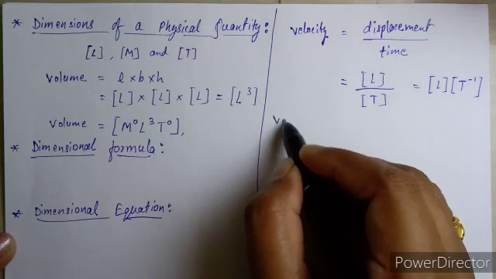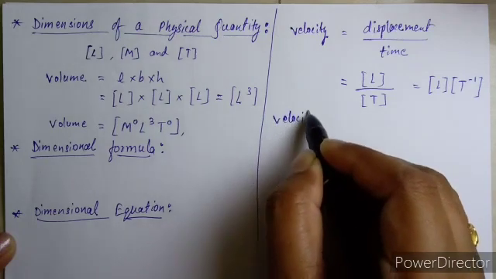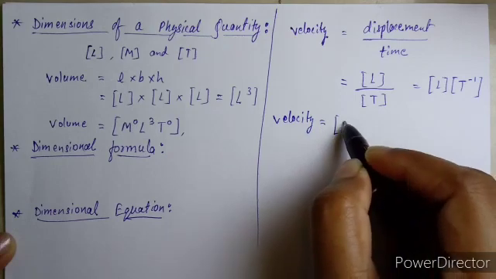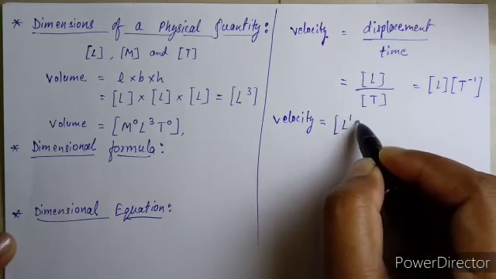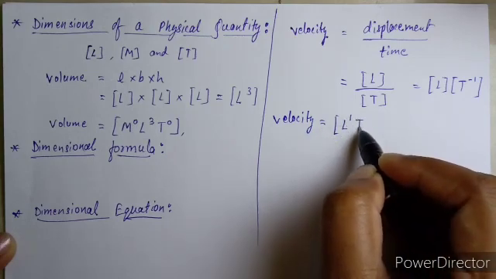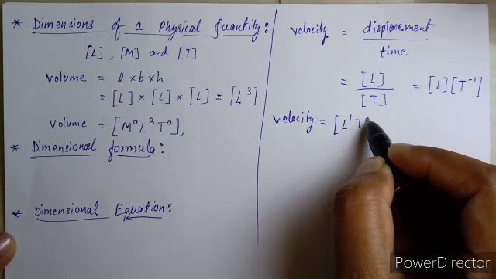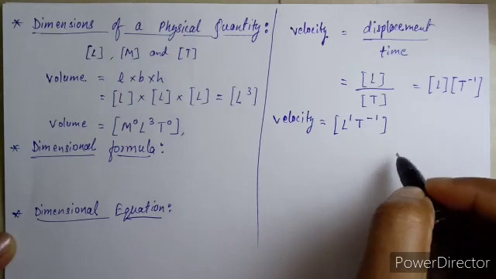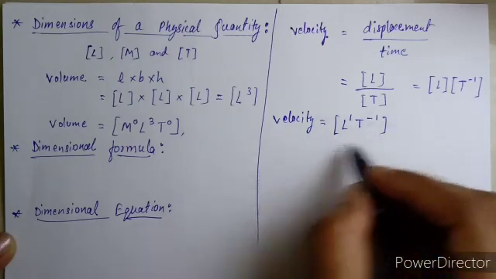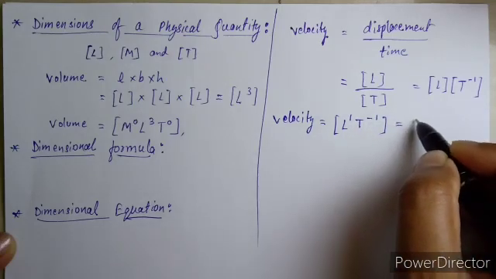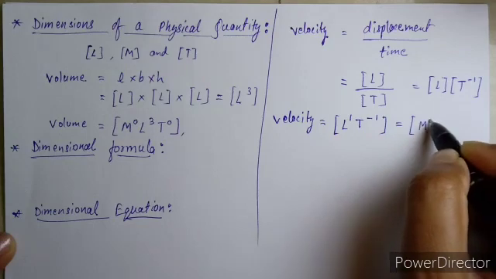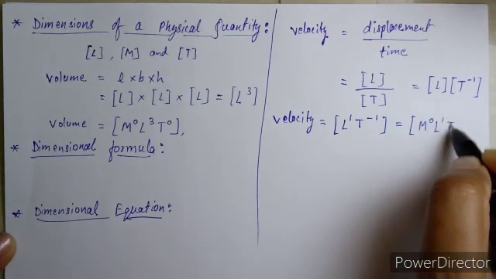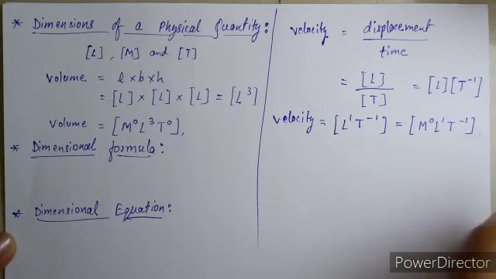So we'll get the velocity as L raised to the power 1, T raised to the power minus 1, which can be written as M0 L1 T to the power minus 1.